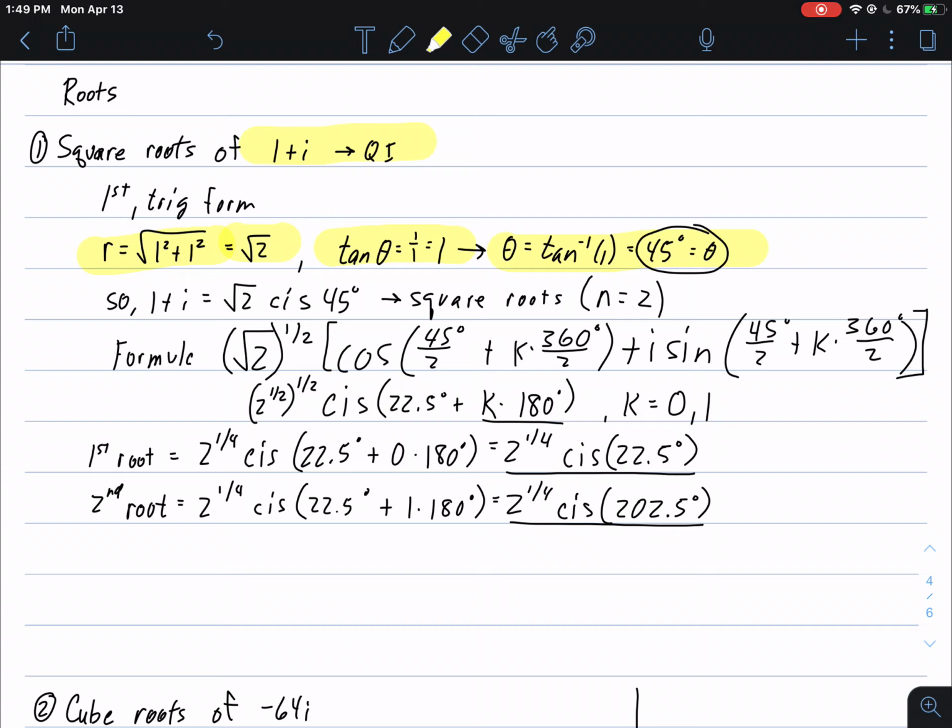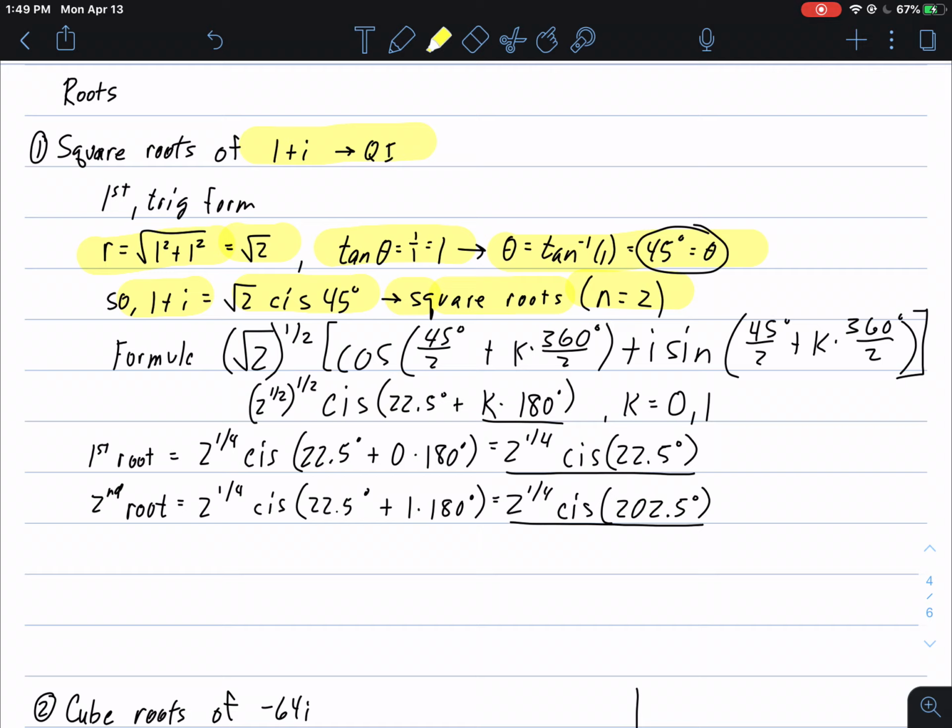So 1 plus i in trig form would be written as r cis theta, square root of 2 cis 45 degrees. And then we're looking for the square roots of that number. So all I did was convert from standard form to trig form so that I could use the formula. We're looking for the square roots, which means n is 2.